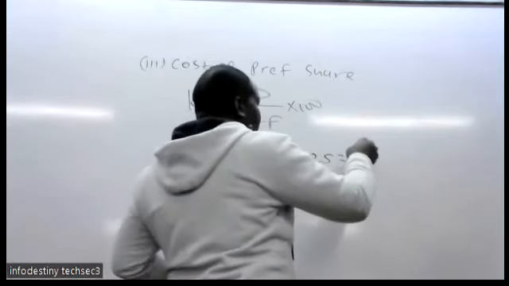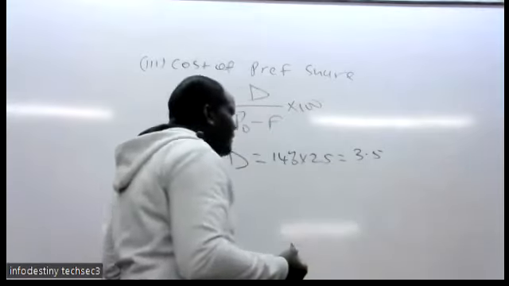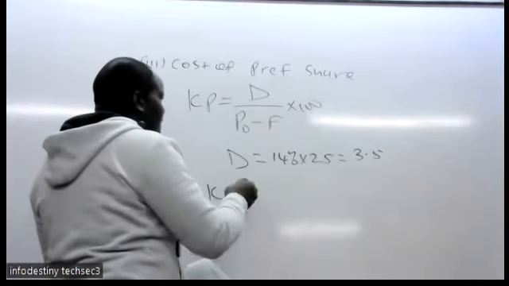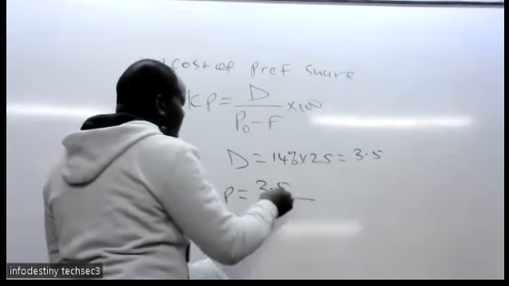So we get a figure of 3.5. So now to get our Kp, it is 3.5.